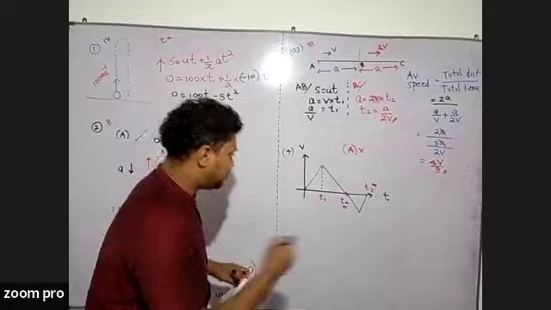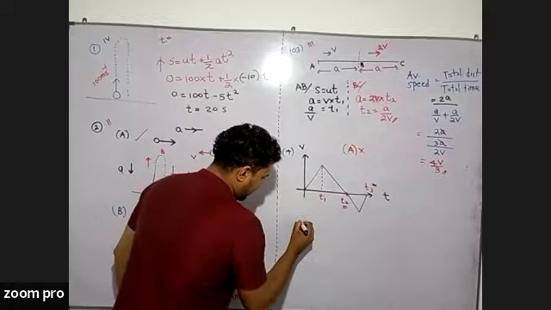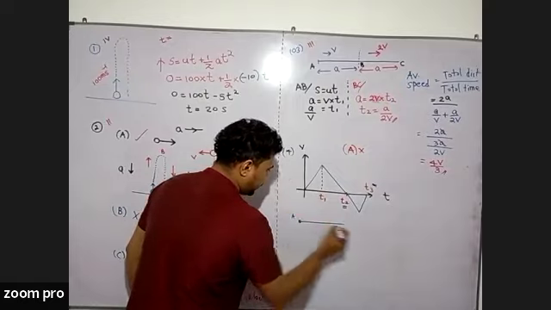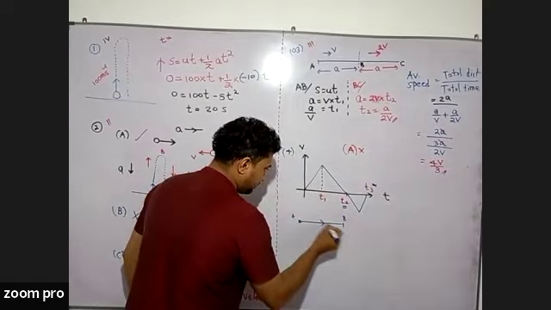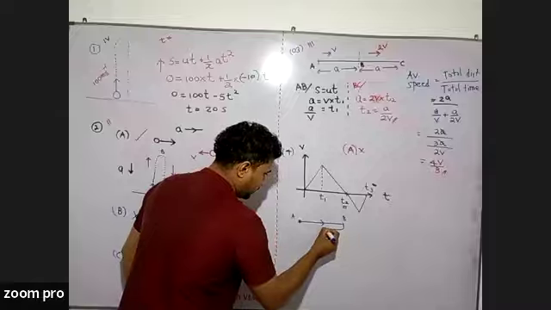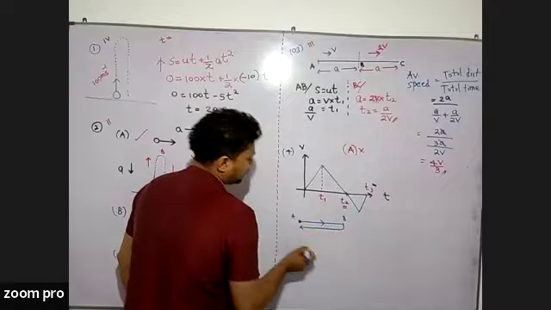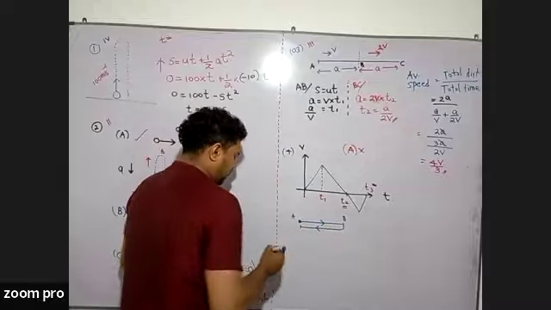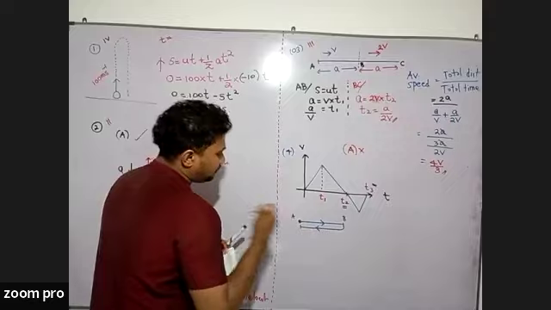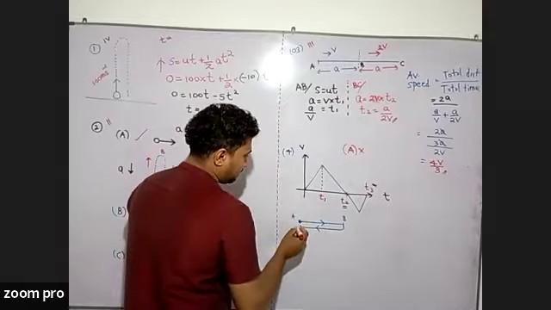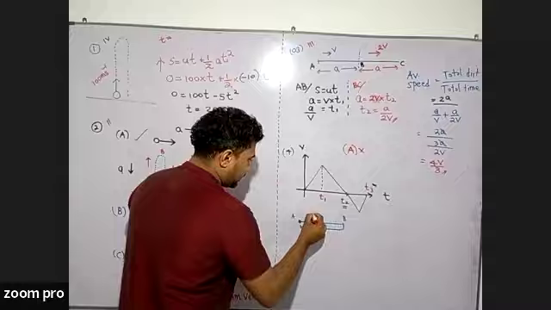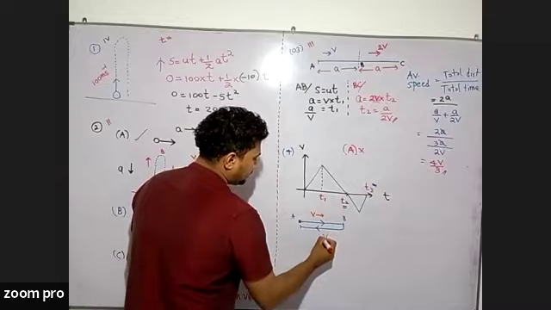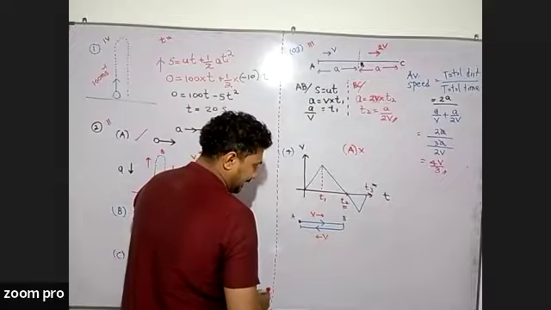Let's consider an example. Let's take an object that moves from A to B and returns to the initial position, right? So if we draw, let's assume that the object is moving at a constant speed from A to B and it returns to the initial position.